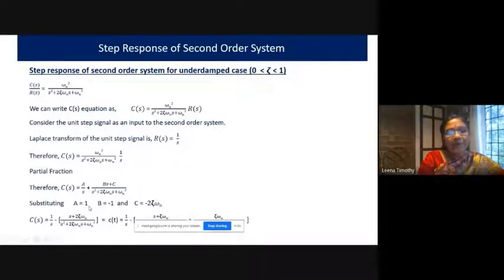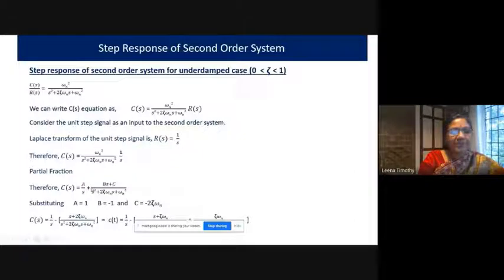So A is equal to 1. After finding, we will get A is equal to 1, B is equal to -1, and C is equal to minus 2 theta omega n.